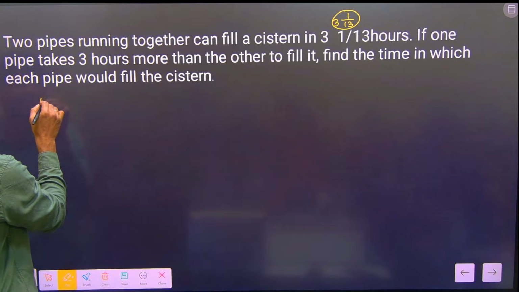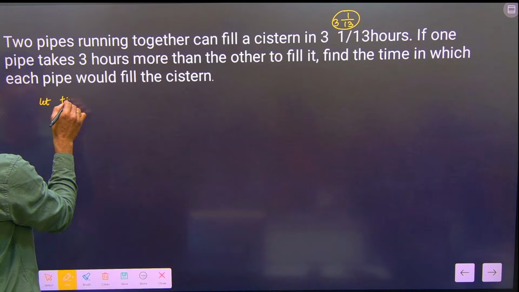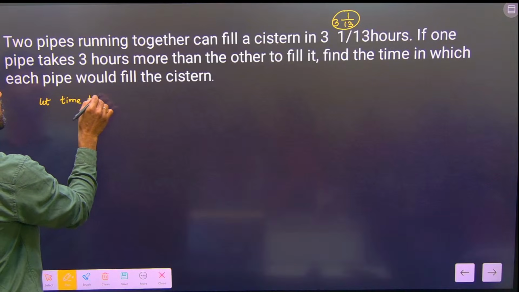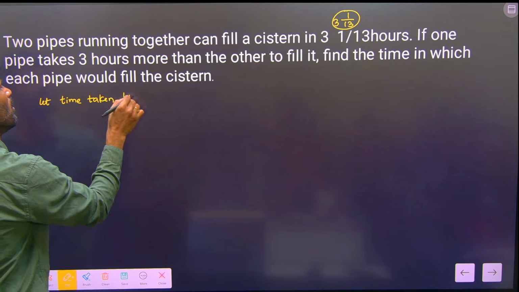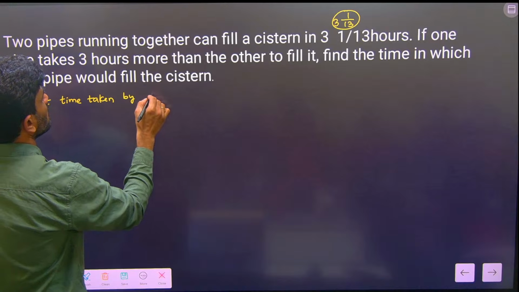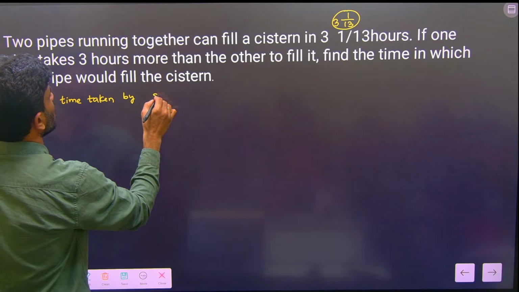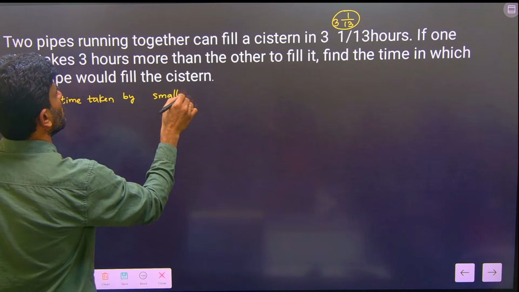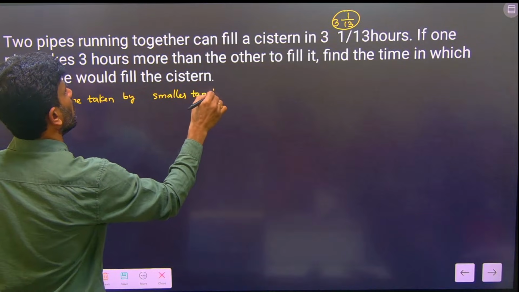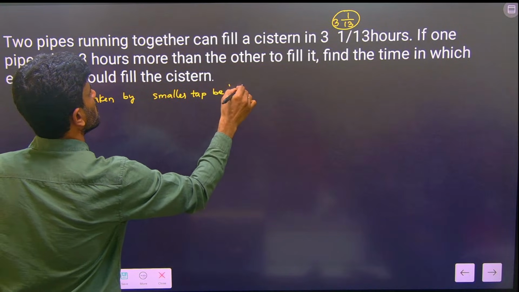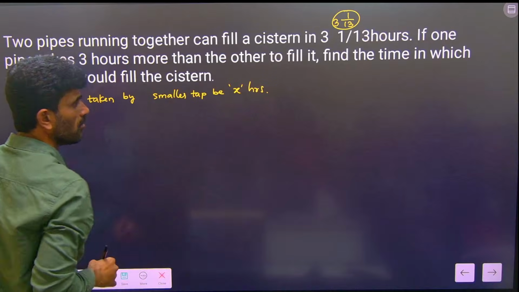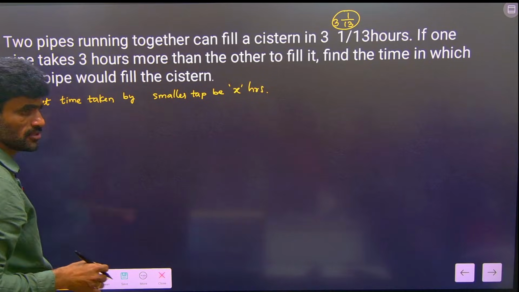So we will take, let time taken by the smaller tap be x hours. Time taken by the smaller tap is x hours.